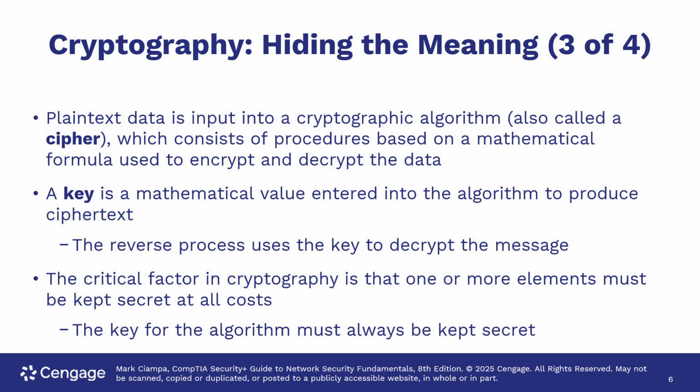Just like we changed our CAT to our DBU, our key was the number 1. The reverse process uses that key to decrypt the message. A critical factor in cryptography is that one or more elements must be kept secret at all costs. So you have to keep that key private. Don't let anybody know about it.